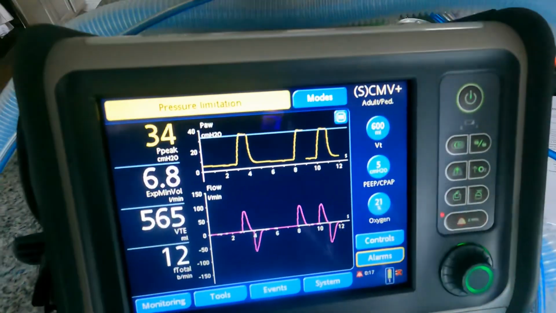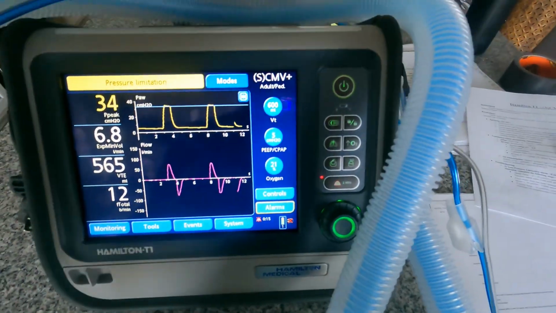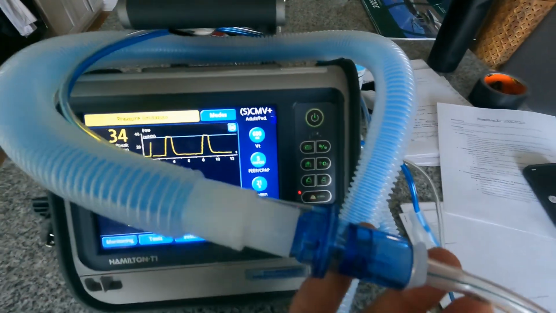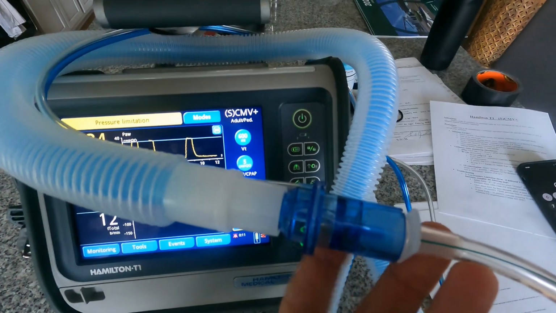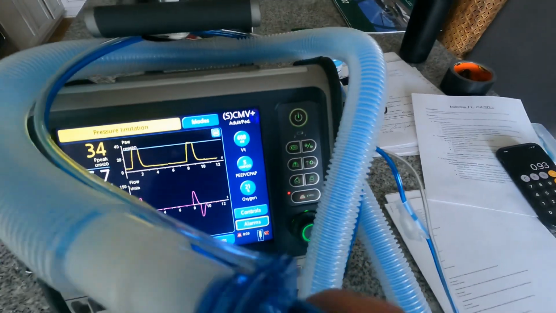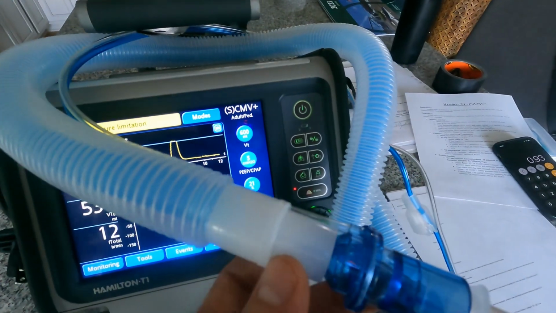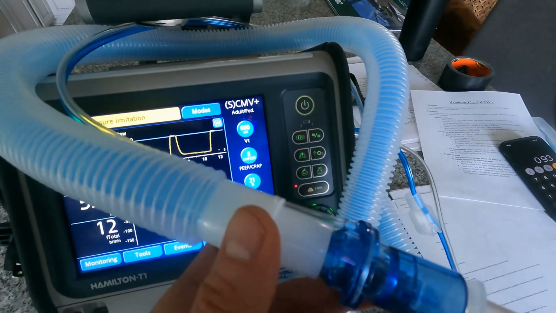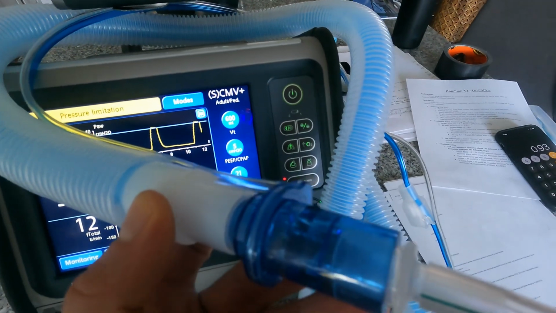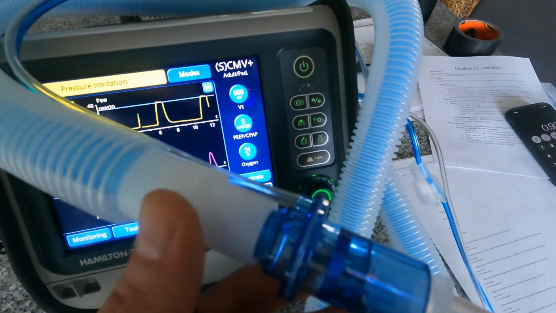Next, showing how to set up your end-tidal CO2 or inline neb. Remember that this blue piece right here is our flow sensor, and anything that we put in this circuit we want to put behind or on the ventilator side of this flow meter or flow sensor.